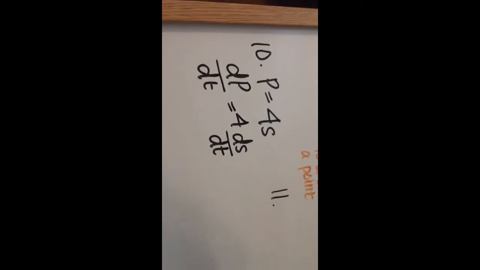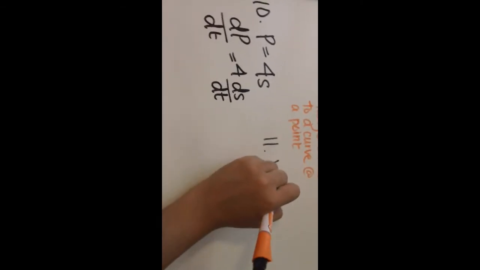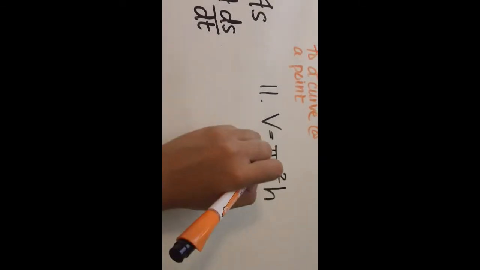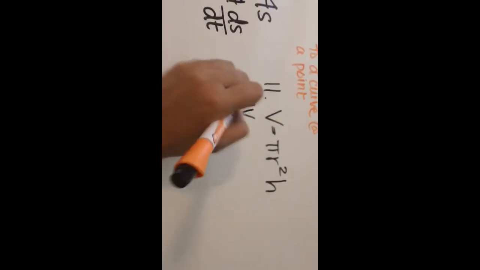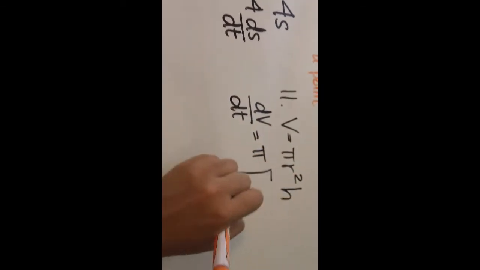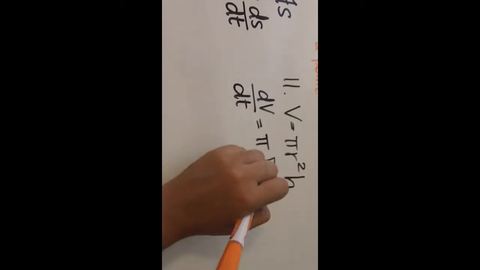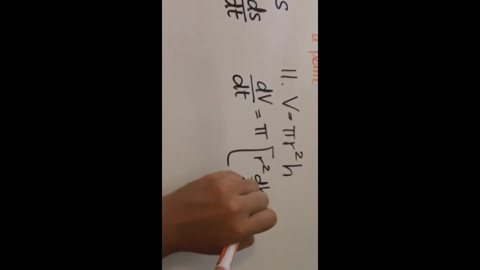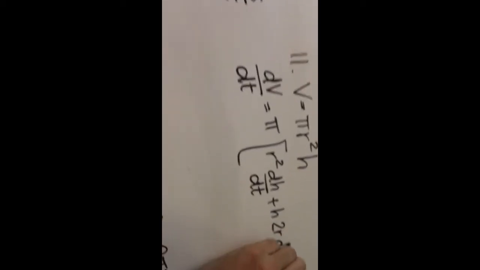11, you're given the volume of a cylinder. Take out the constant. Well, first take the derivative on the left, and you're left with a product rule. So first times derivative of the second plus the second times derivative of the first.